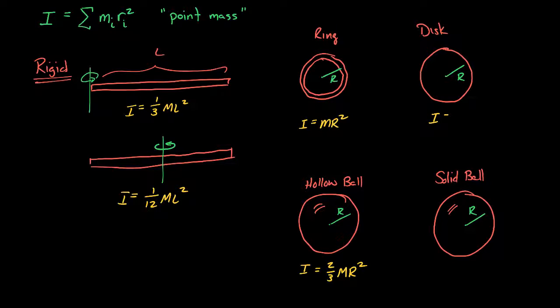It's got all that mass spread out. And a solid ball of these has the smallest, because so much of the mass is located at the center. There are other shapes in the table. These really are the ones that get used on the tests the most. And those are the moments of inertia of the basic shapes.